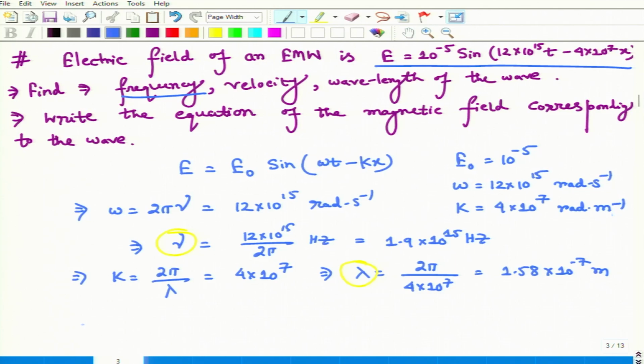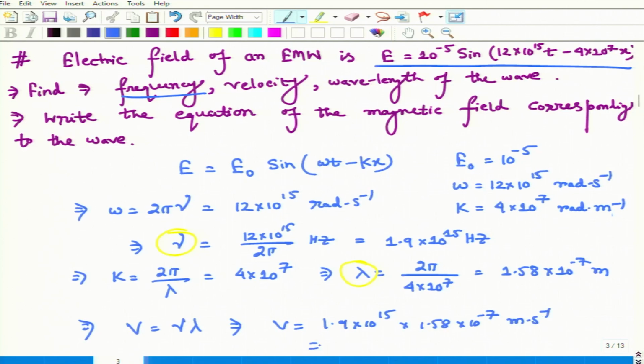Now we have already evaluated these two values, lambda and nu. We know that for any wave we can write c is equal to nu lambda, or in general v is equal to nu lambda, where v is the velocity. So v will be nu, 1.9 into 10 to the power 15, times 1.58 into 10 to the power minus 7, so it will be meter per second.